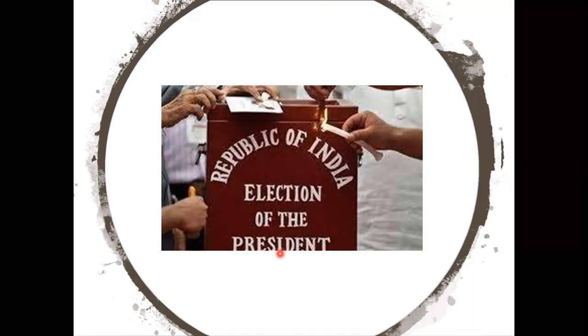First, appointment and removal of ministers and allotment of portfolios. He is the head of the government. After the Lok Sabha election, the leader of the single largest party that gets the majority votes is the Prime Minister.